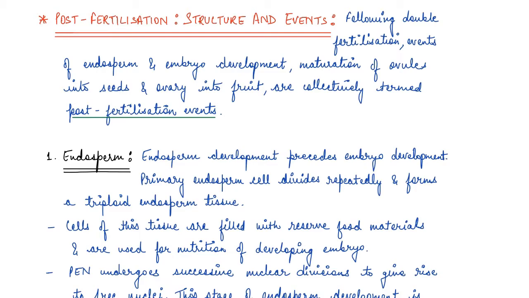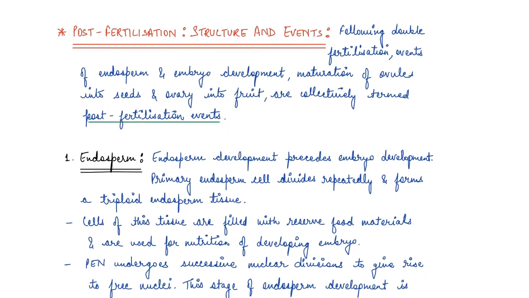And then in the last video we studied how the pollen-pistil interaction occurs, and then how we achieve double fertilization and what exactly happens in double fertilization. How an endosperm and an embryo are formed, from what? From the primary endosperm cell and zygote respectively. Okay, so let's see what happens in post-fertilization.